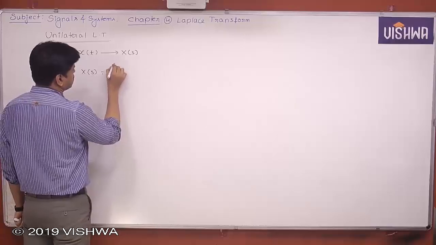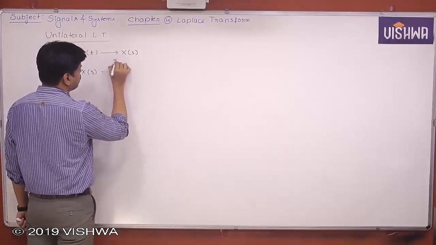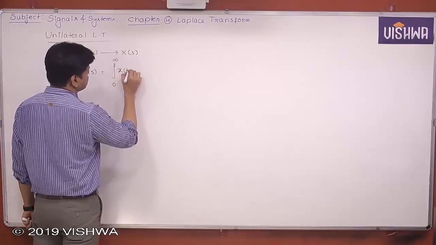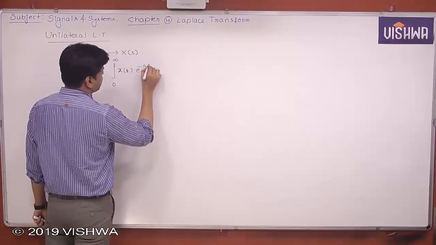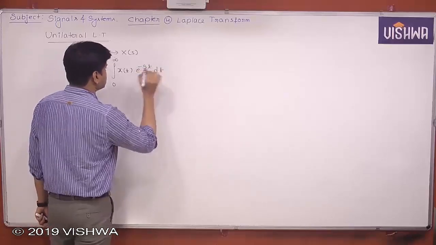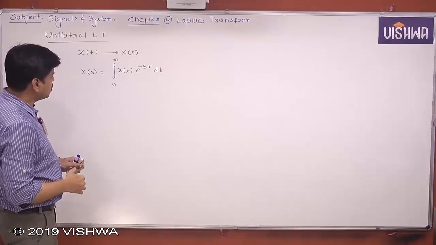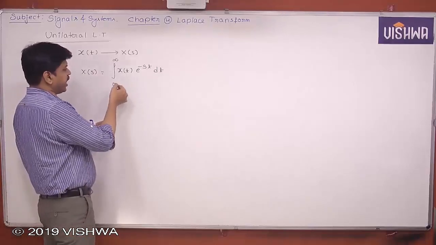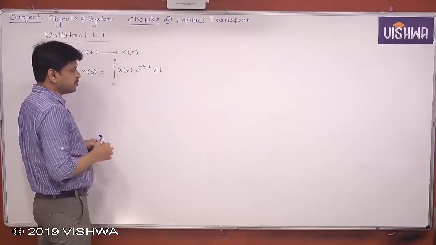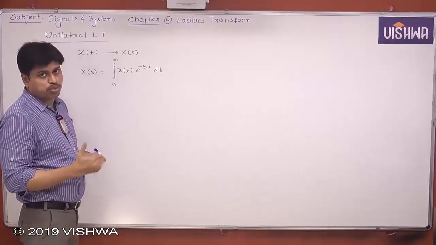It is the integral from 0 to infinity of x of t e power minus st dt. So this is the unilateral Laplace transform. Here we are considering time only from 0 to infinity. That means we are neglecting the negative portion of time.